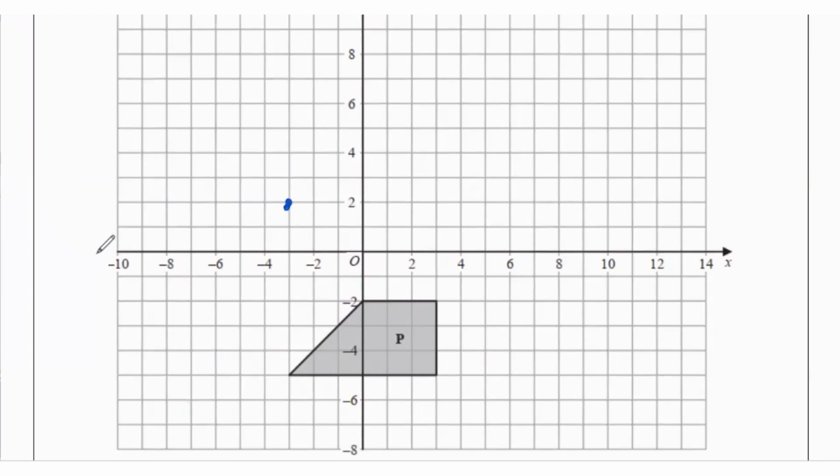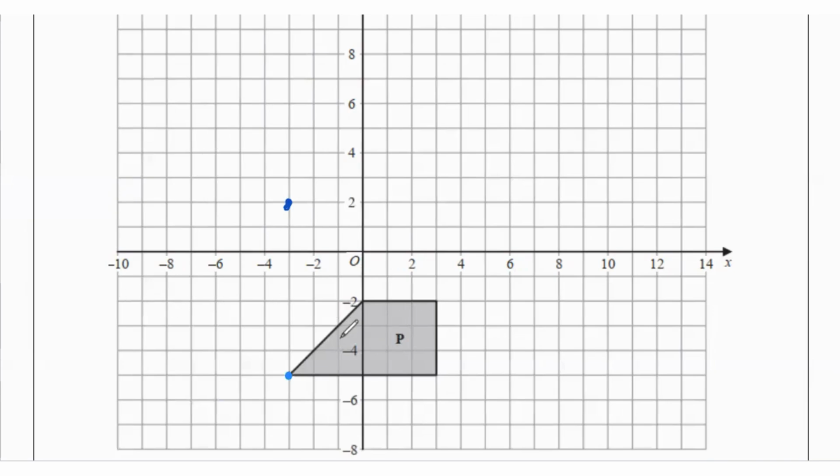To understand how the shape would be rotated 180 degrees about this center, let's pick a point on shape P. This point is 1, 2, 3, 4, 5, 6, 7 units vertically from the center. Now this will be exactly 7 units vertically from the center, but in this direction.